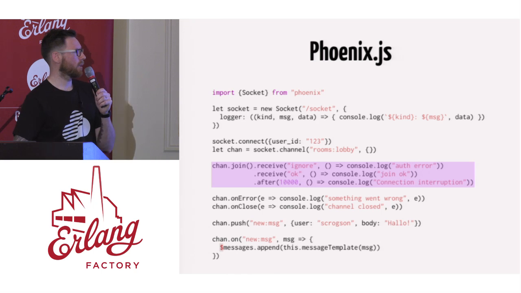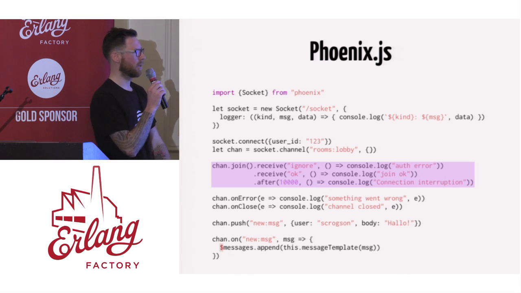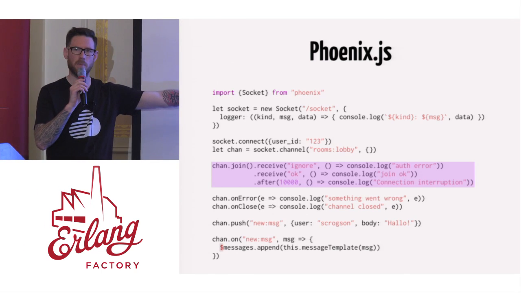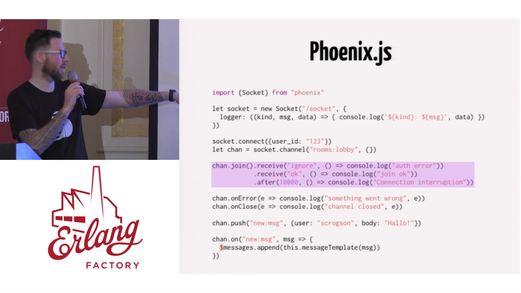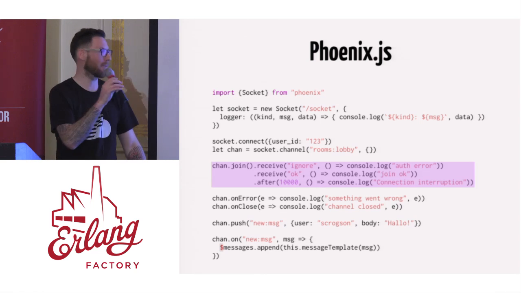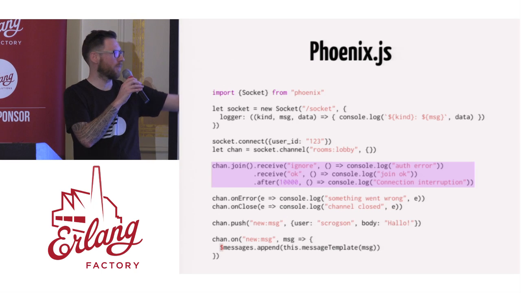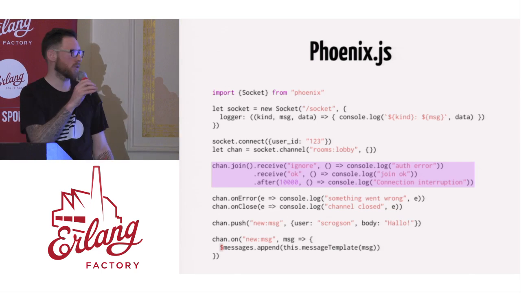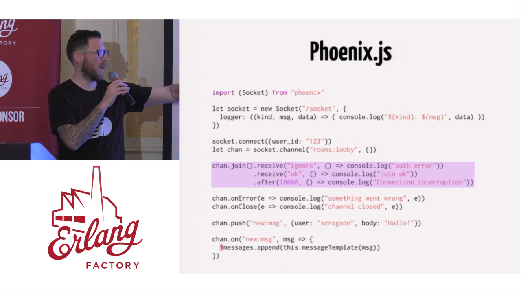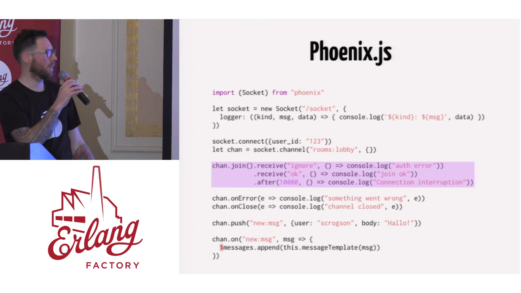And when you're joining, you can actually do some nice pattern-matchy, Erlang-y things here, which is very clever that Chris came up with. So if you receive ignore, then you probably have some authentication error. If you receive OK and a message, then you're good to go.